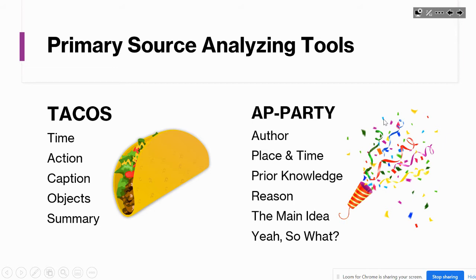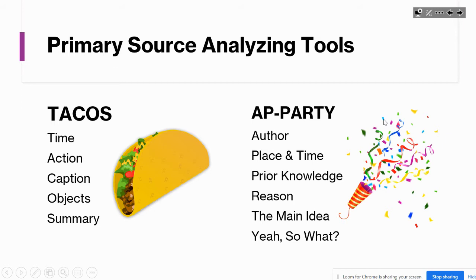Okay, so you're looking for the time period, you're looking for any action that happens, you're looking for a caption, meaning the words that surround that particular source, any objects that are in the source, and then you summarize the entire thing, okay? TACOS is usually used for political cartoons, photos, artwork, things of that nature that have a lot of action or objects involved in them, okay?